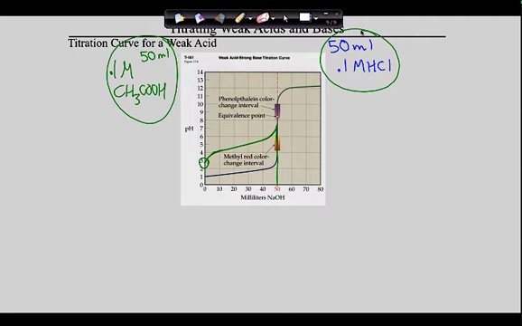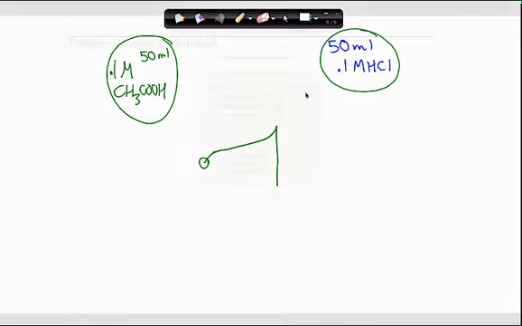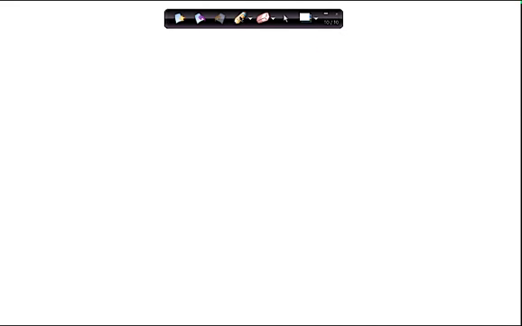Let's look at the chemistry. So let me do this. I want to do this in such a way that I can get back to this, and I think this will let me. So what do these titrations have in common? And the answer, you know what, I'm going to write this a little lower. The answer is NaOH.